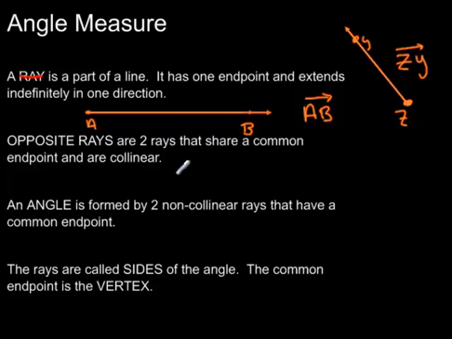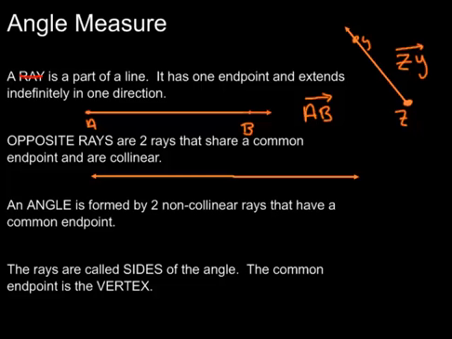Now, opposite rays are two rays that share a common endpoint and are collinear. So if I wanted to draw a ray in this direction and a ray in this direction, my tool is not working for me just right. There we go. Let's back up. There we have it.